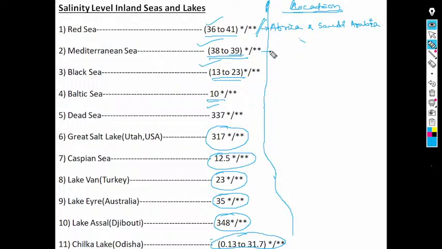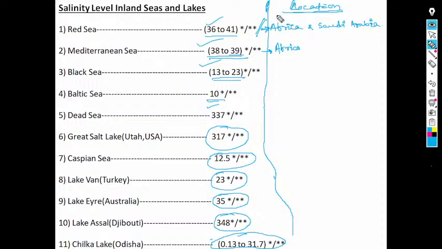Then second, Mediterranean Sea. It is here, in between Africa and southern European countries.